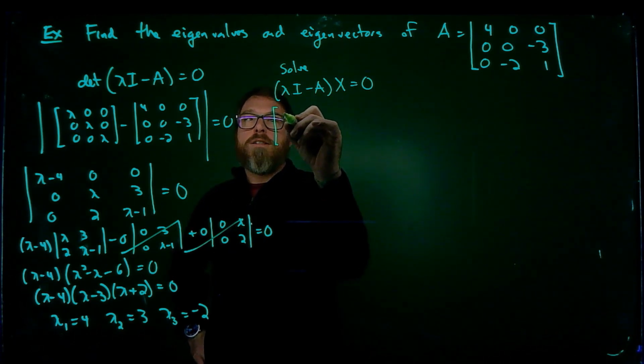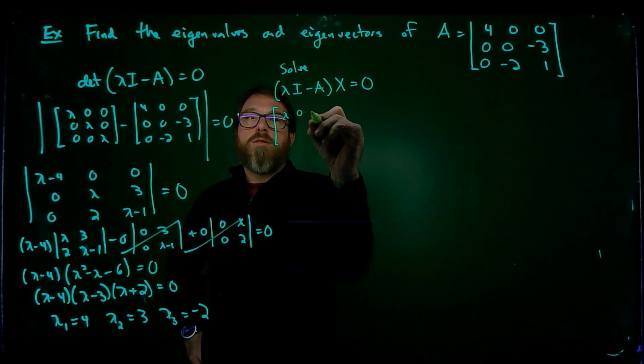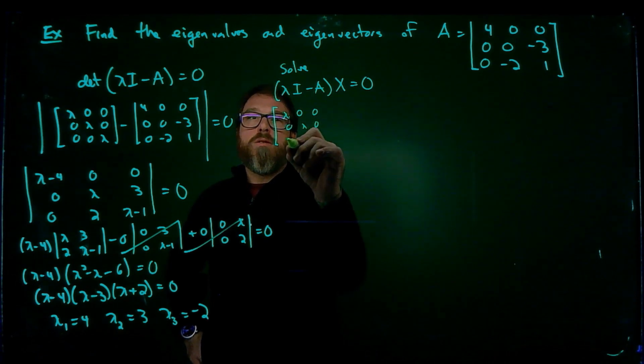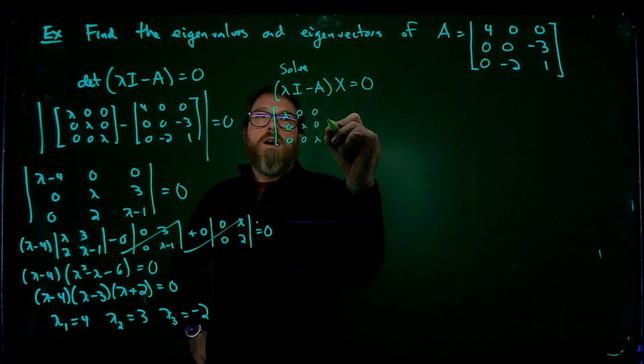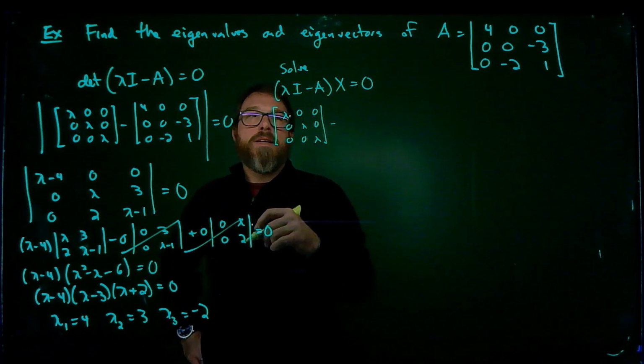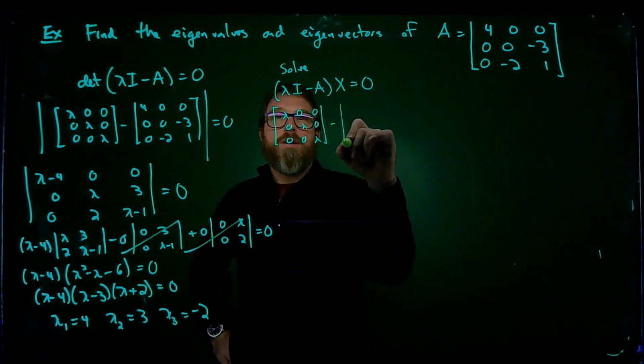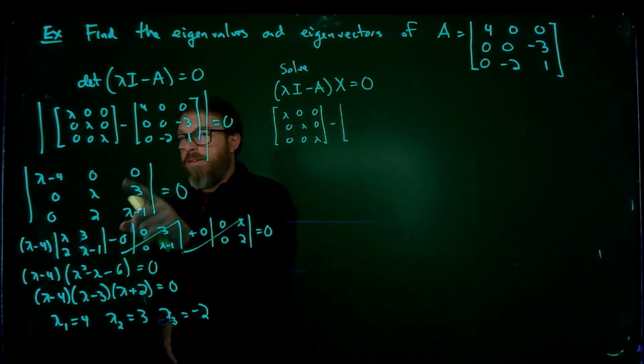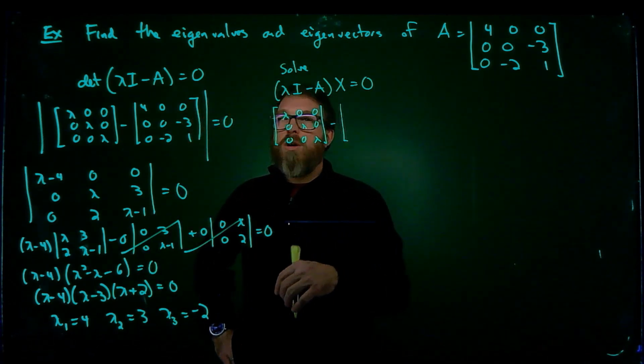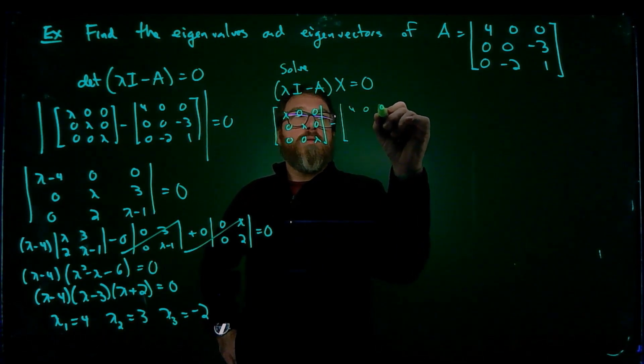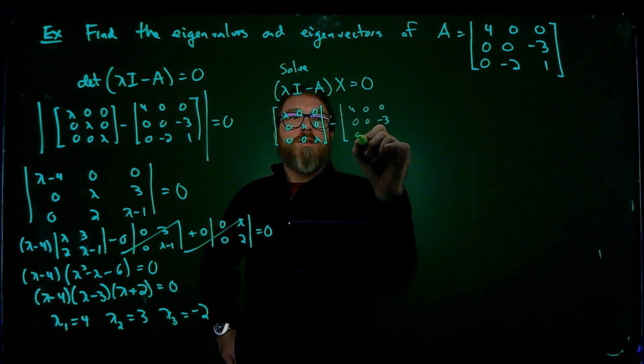So lambda I is going to be lambda 0, 0, 0, lambda 0, 0, 0, lambda, minus A, which is over here. We already have it right there. So 4, 0, 0, 0, 0, minus 3, 0, minus 2, 1.